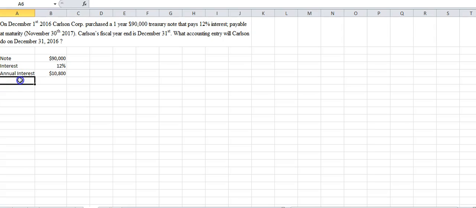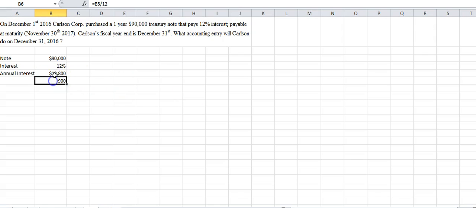But they purchased this on December 1, and so they're going to accrue the interest that they earned through December 31st. From December 1 to December 31st, how many months have gone by? 1 month, right? So you're going to accrue the equivalent of 1 month. What's the equivalent of 1 month? Well, 10,800 divided by 12, right?